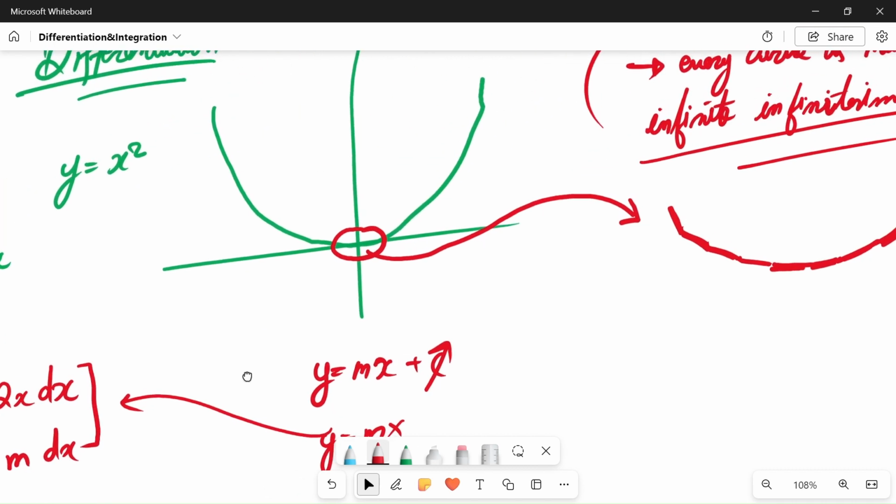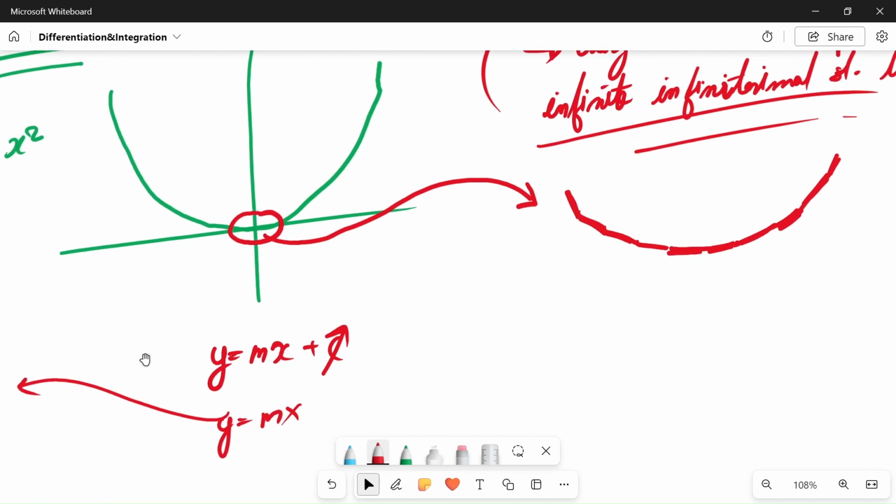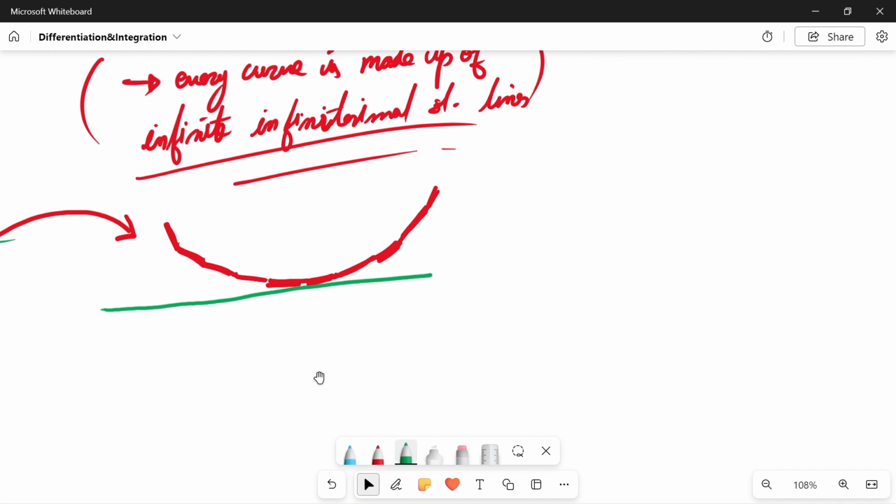And by that I mean that if I just focus on the zoomed in part, then this will be the x-axis. So differentiation gives you the equation of the line for all of these neighborhoods of x values. So this is the neighborhood of x2, this is the neighborhood of x3, and so on and so forth.